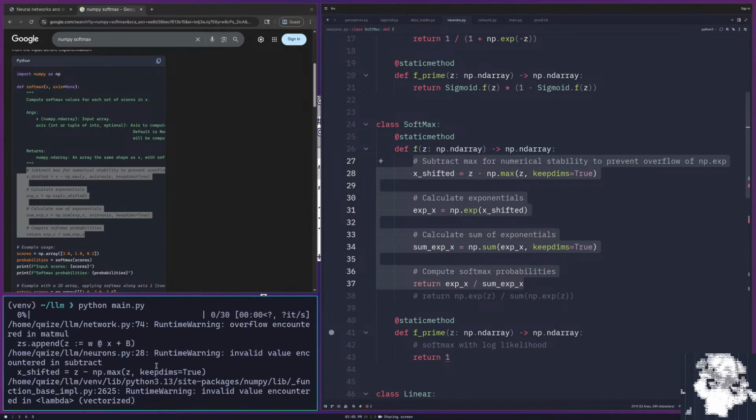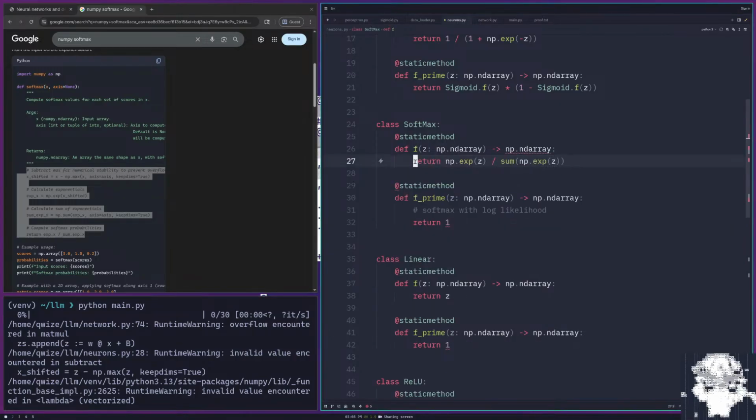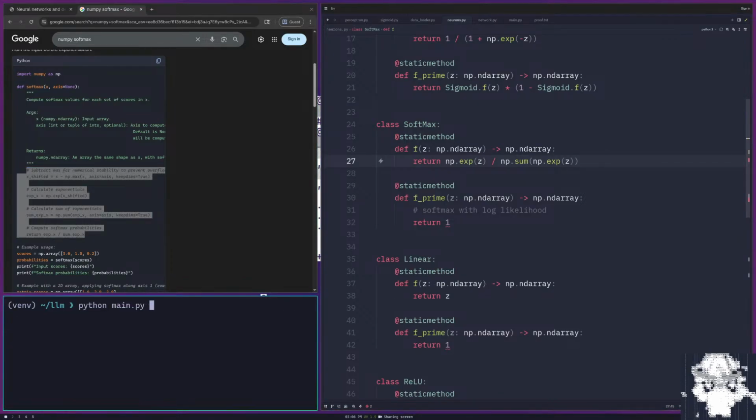But what was the problem? Overflow. And then it didn't like the subtraction. Okay, let's go back to how we were doing it. Does NumPy sum do any better than Python sum?